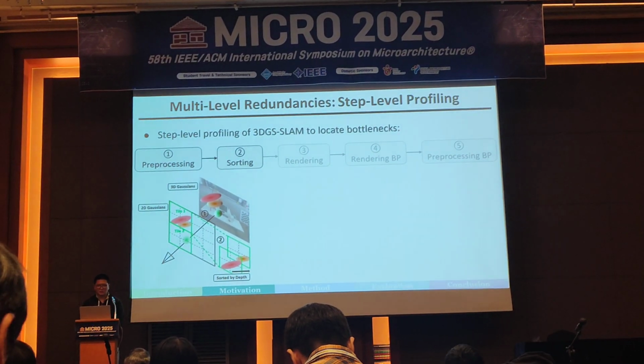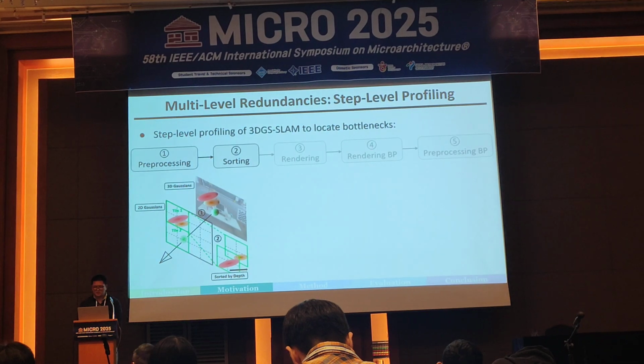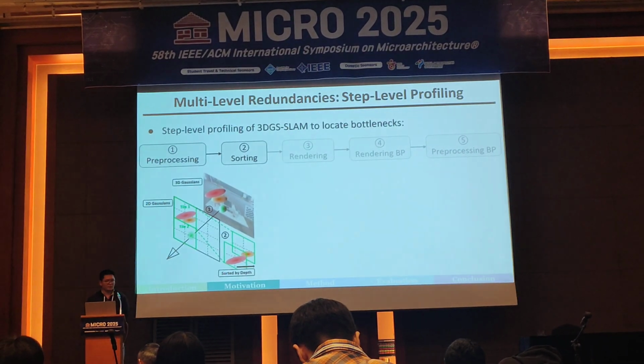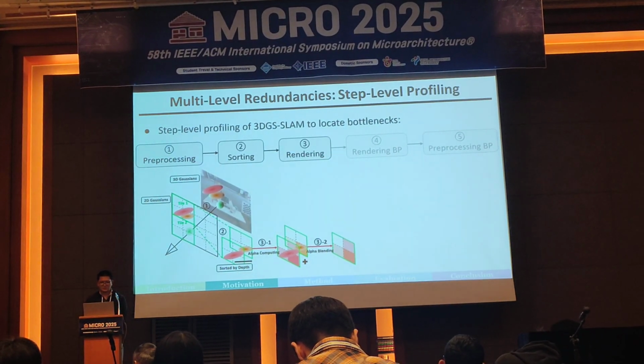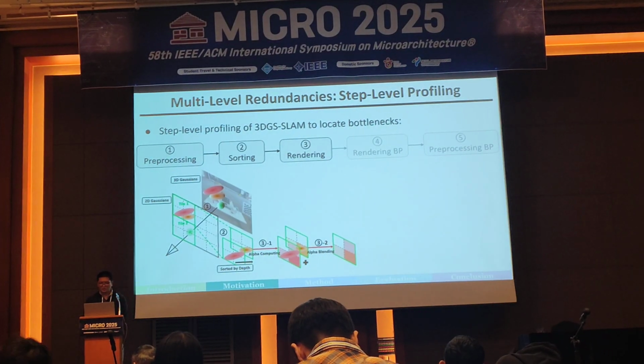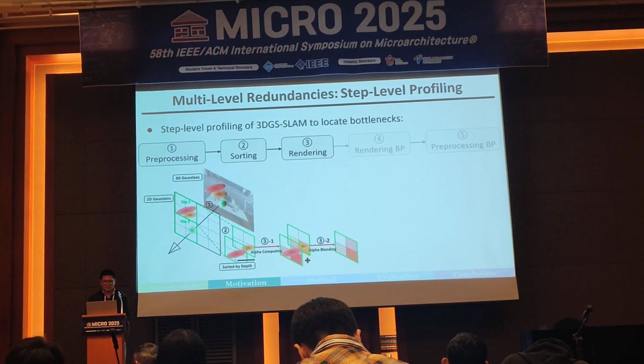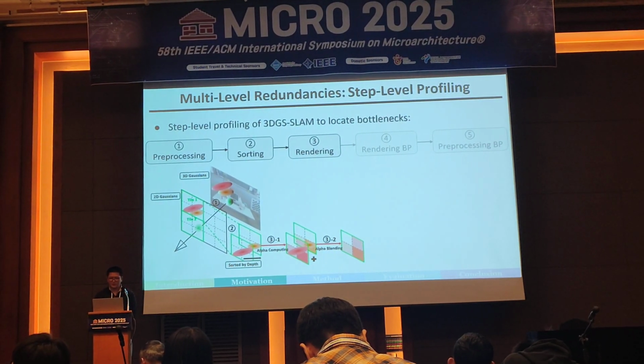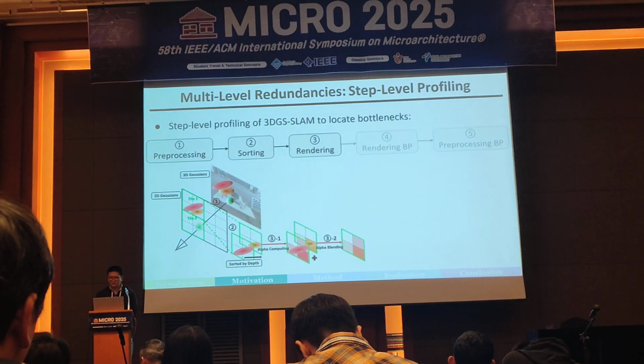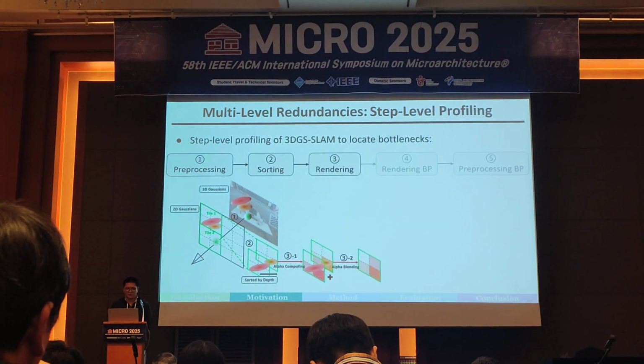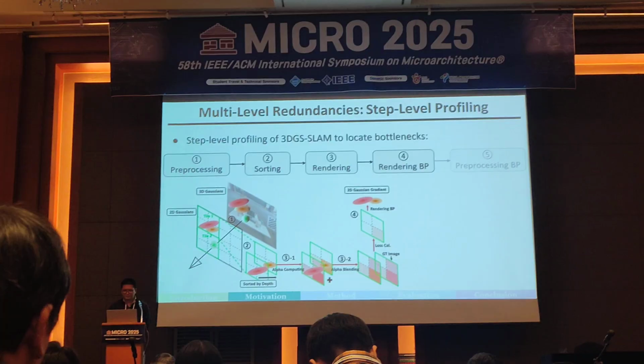The second step is sorting, where Gaussians in each tile are sorted according to their depths. The third step is rendering, where the colors of Gaussians covering each pixel are computed and blended from near to far to generate the final pixel color.